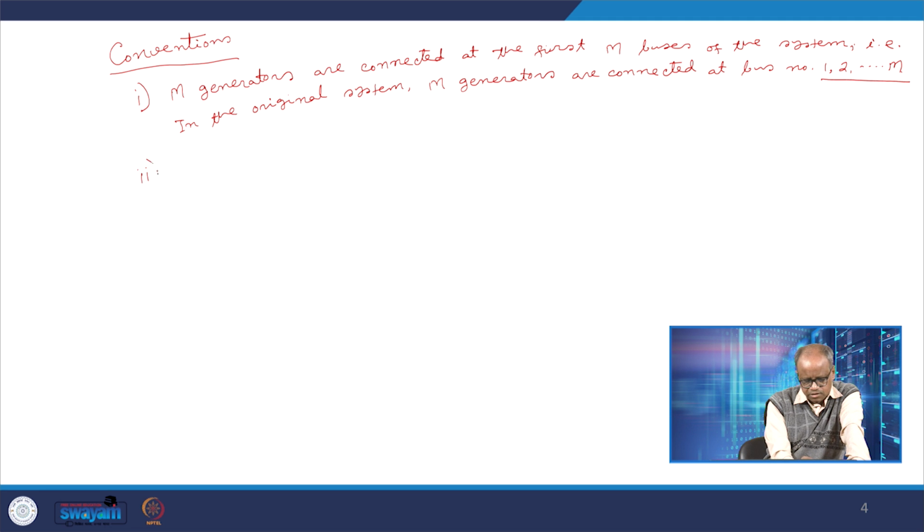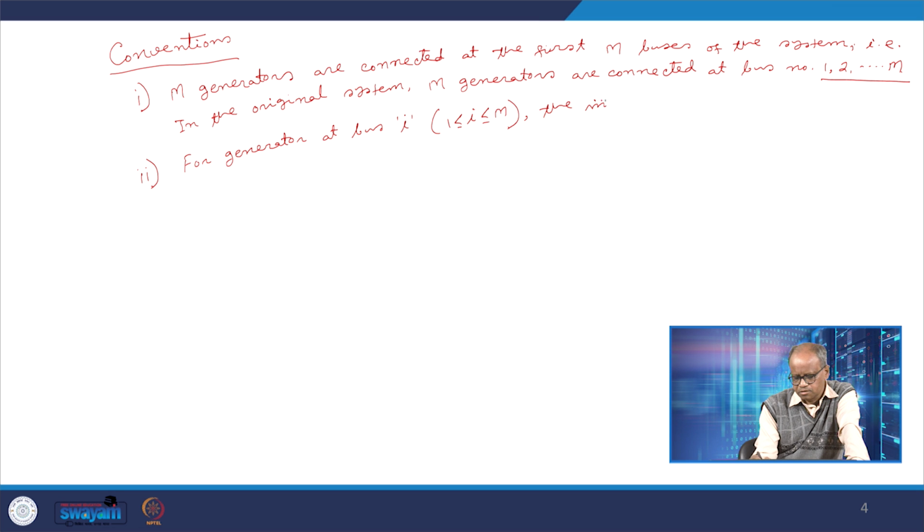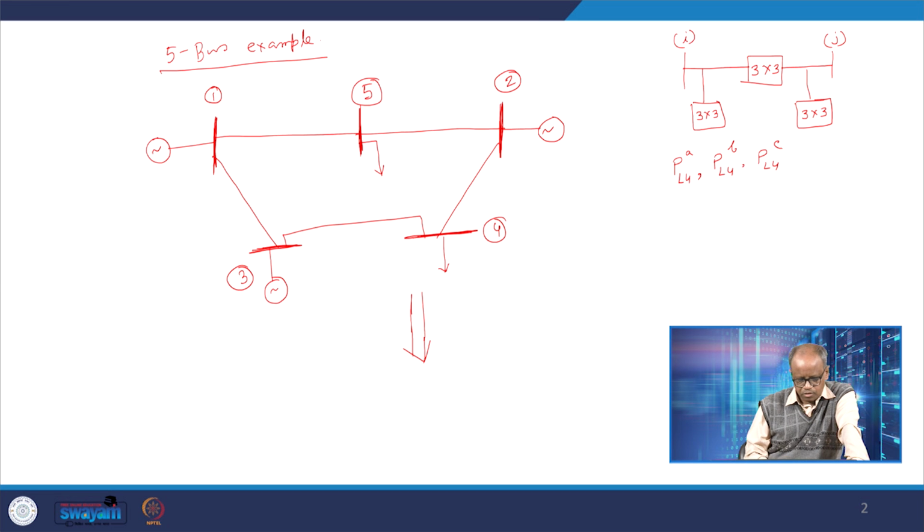And the second convention we will take is that for a generator at bus I, where I is greater than or equal to 1 and less than or equal to M, the internal bus is numbered as n plus I. For example, in this system, originally our generators are connected at bus 1, bus 2, bus 3.